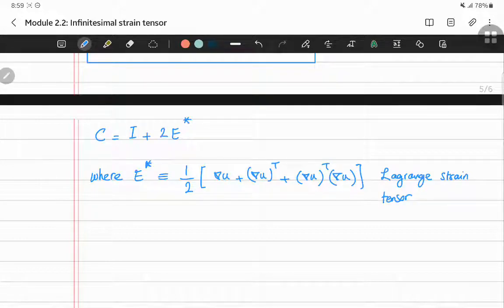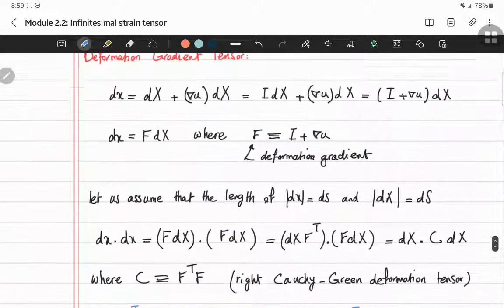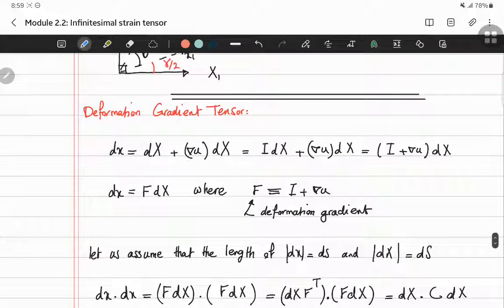We had our deformation, and we have our relation between the deformation in the reference and current configuration in the form of this equation, where we created this connection using the displacement gradient del u.